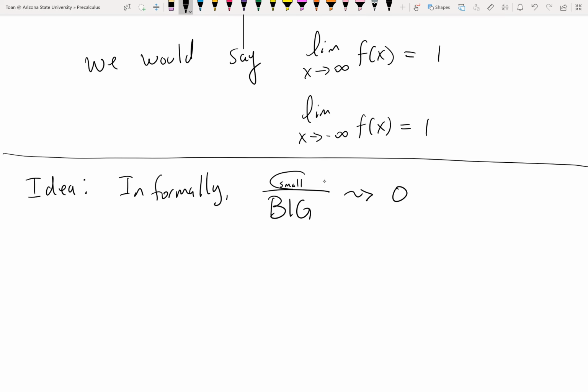If the growth of the numerator is relatively small compared to the growth of the denominator, then it's always going to tend towards 0. So for instance, the limit as x approaches infinity of 5 over x: the numerator will always be 5, but the denominator is getting bigger and bigger and bigger. So that's going to be 0.